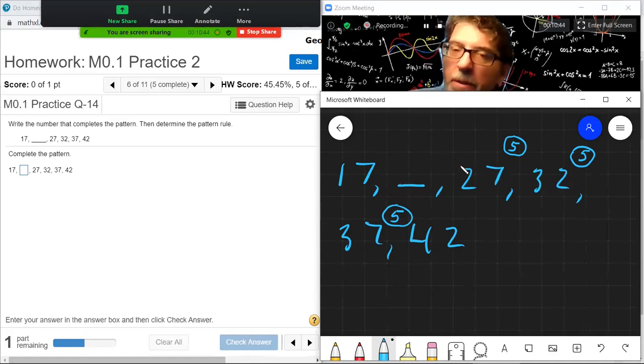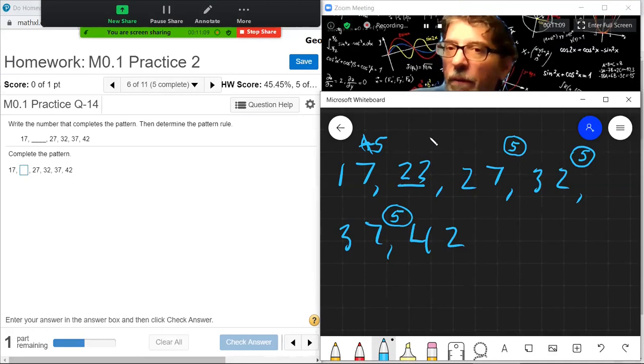Knowing that, let's go back to the beginning from 17. So what do we have to do to 17? Now these numbers are going upward. See that? They're getting bigger. So we have to add 5 to 17. 17 plus 5 gives us 22.